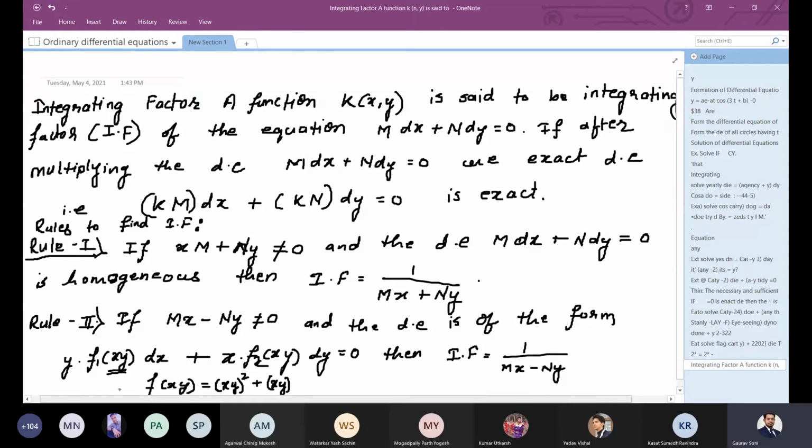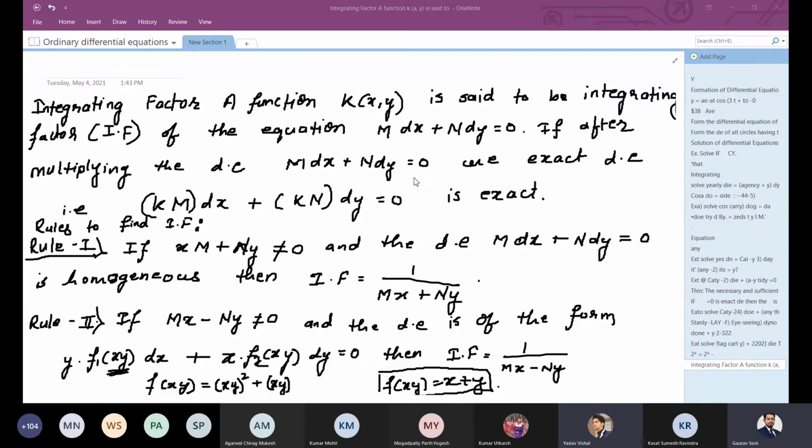In that function, wherever the variables are occurring, they are occurring in the form of x into y. So is f of xy equal to x plus y? Is it correct? Sir, xy will be treated as a single variable there and function of xy. Yes.